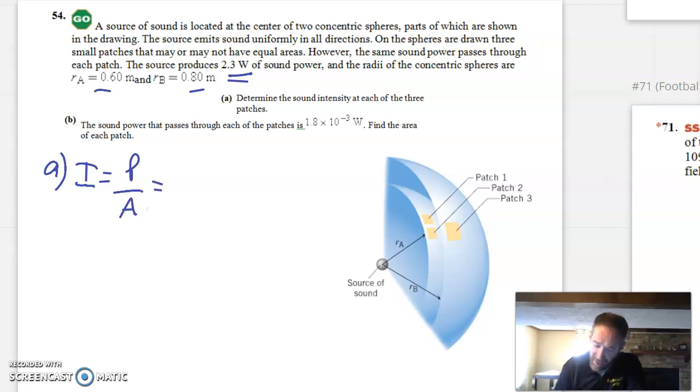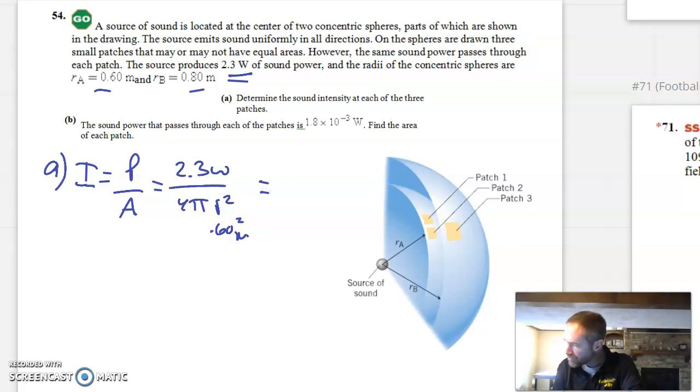And so the power is 2.3 watts, and the area is going to be 4 pi r squared, and the r is going to be 0.6. Don't forget to square that, 0.6 meters. If you go ahead and run those numbers through, you will get 0.51 watts per square meter.